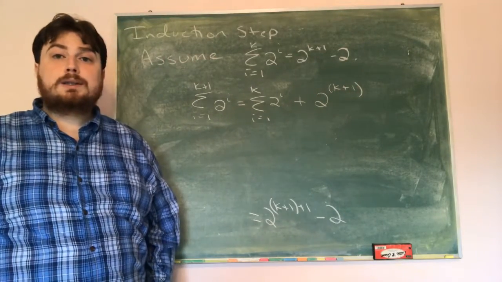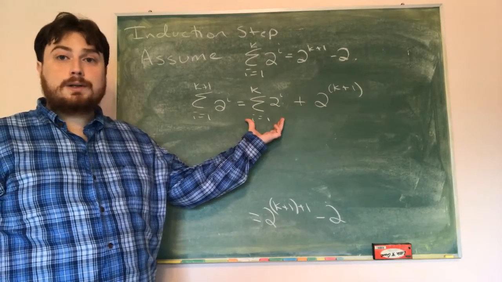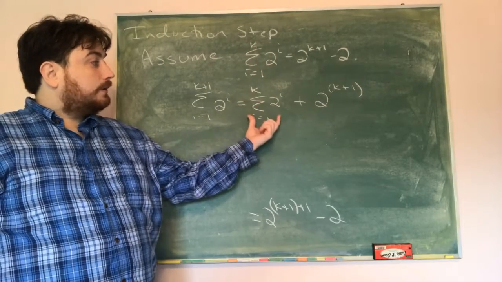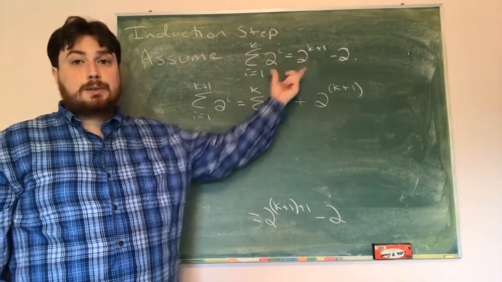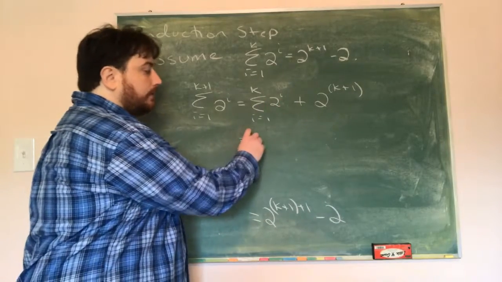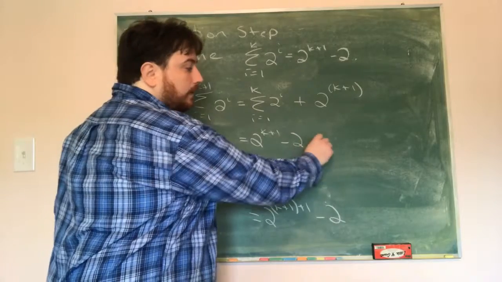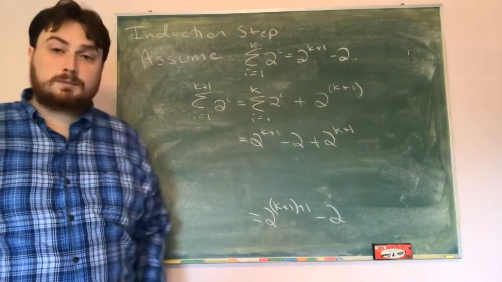The reason that's helpful is because according to the induction hypothesis, we already know what this is. We assumed that our statement was true for this k, so we can use this equation up here, and we get that this is equal to 2 to the k plus 1 minus 2, plus 2 to the k plus 1.